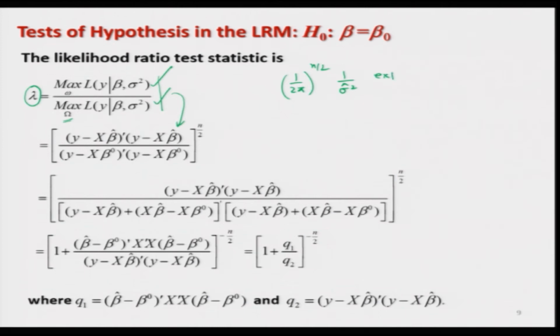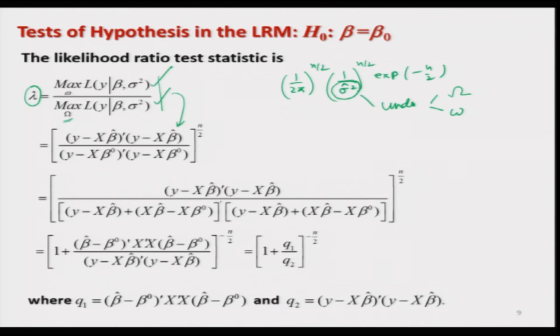And then you had exponential of minus n by 2. So, now what you have done is simply replace this sigma square by their respective estimators under capital omega and under small omega.